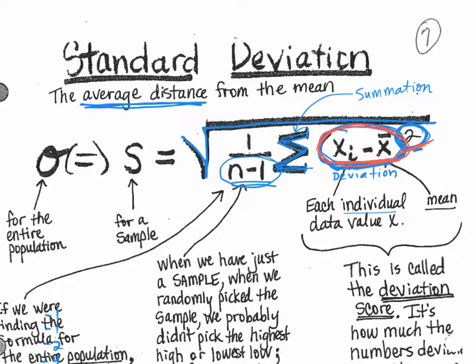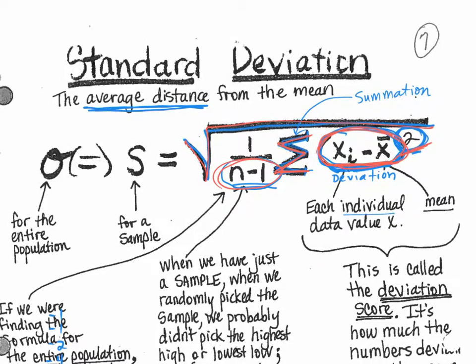And then we do what? What does this sigma tell us to do? Add up all of those, and instead of dividing by n, we divide by n minus 1 because it's a sample of data. And finally, what does that give us? Before we square root it, what's that called? The variance. And then we unsquare it, and we get back down to the standard deviation.